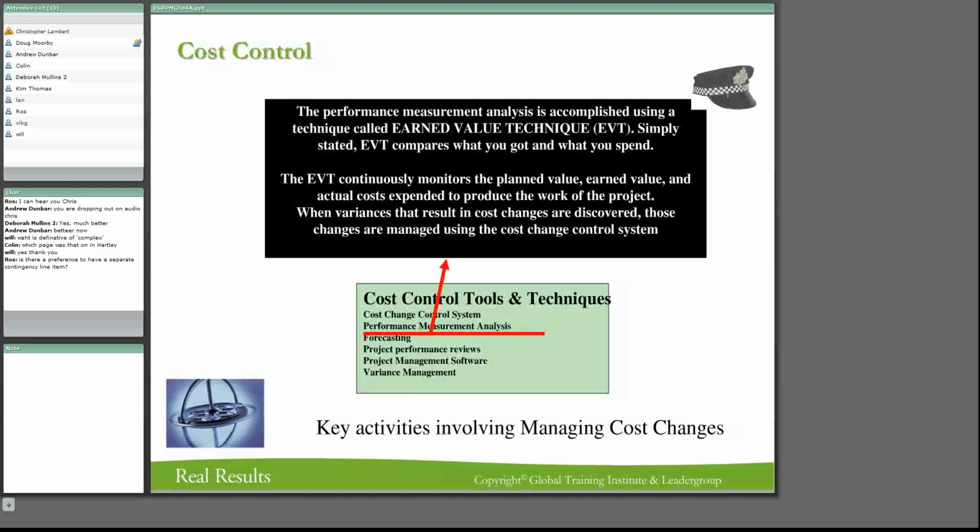Your EVT is continuously monitoring what you've planned, the value, and what you've earned if you're getting an income from that project. But there's also a value in completing things, because there will be the actual costs expended to produce that work of the project. That's what you're going to look at when you're looking for variances. So what you want is your earned value technique.